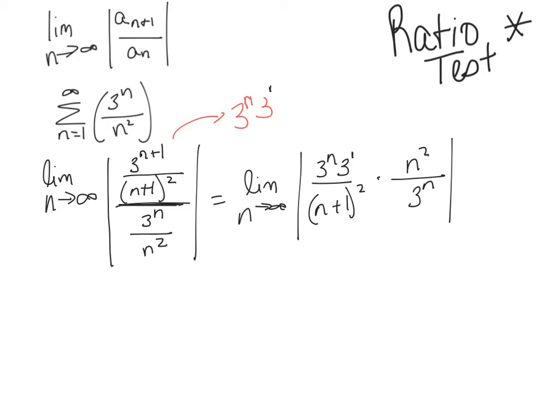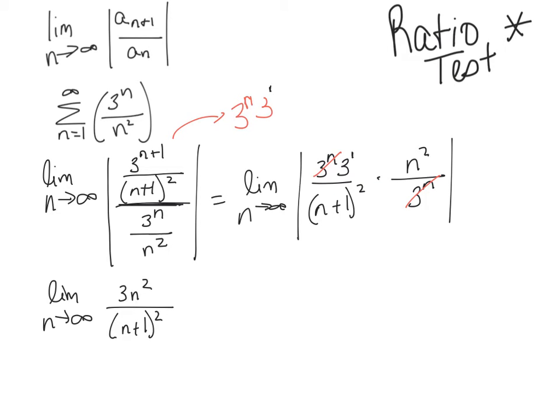All that is fabulous. Now I begin to cancel. This cancels with this. So at this point, let's rewrite my limit. I now have the limit as n goes to infinity of 3n squared over this n plus 1 squared.